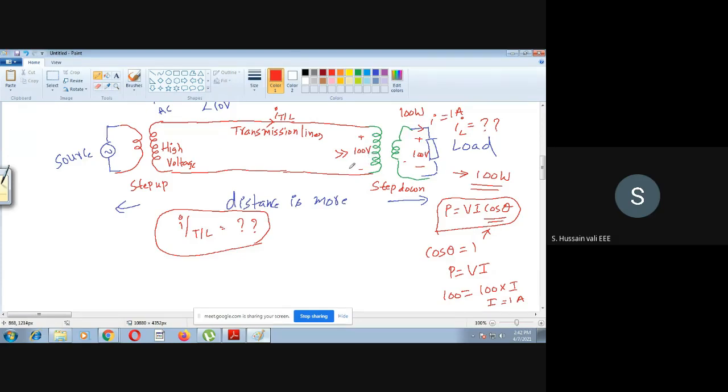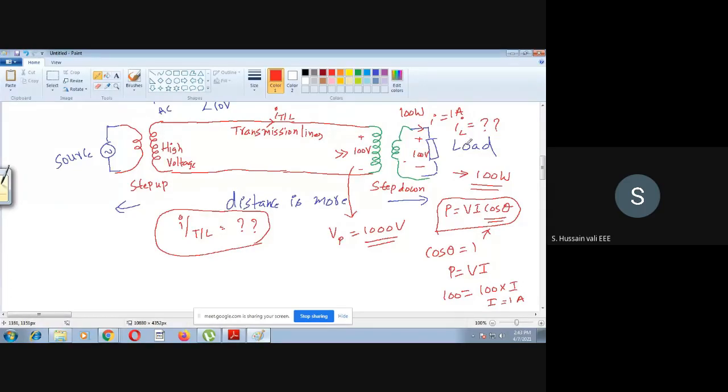Just for calculation purpose, I will take this primary voltage as 1000 volts. So when it is 1000 volts, the power you have to supply to the load is 100 watt.